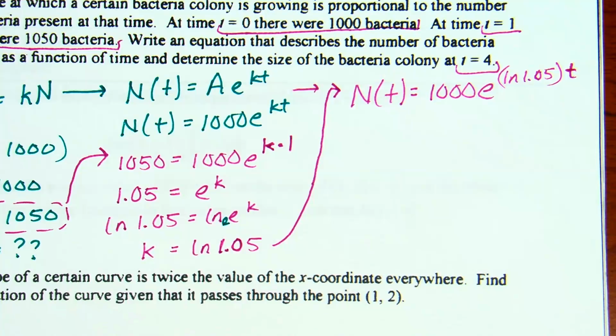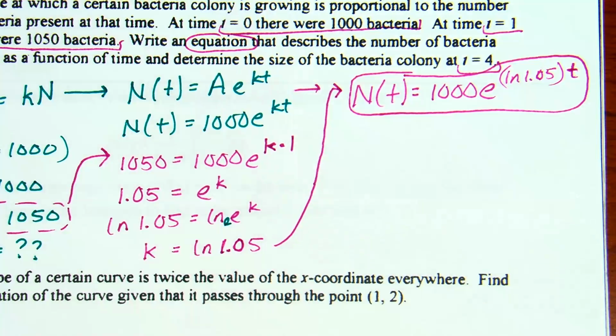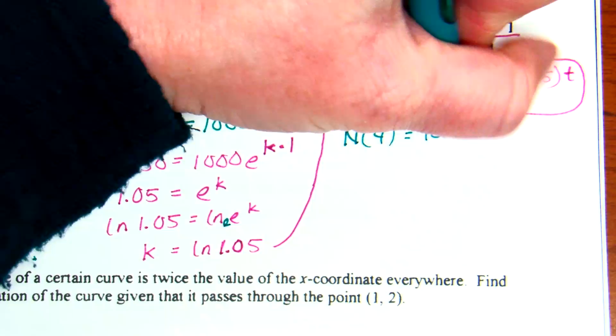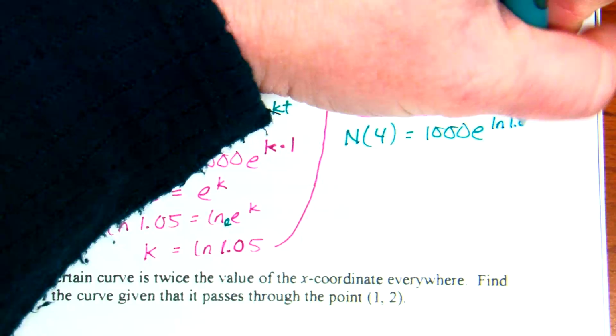So that was one thing: write an equation. We wrote an equation. And what else do we need to do? Plug in 4. So 1,000 e to the natural log 1.05 times 4.